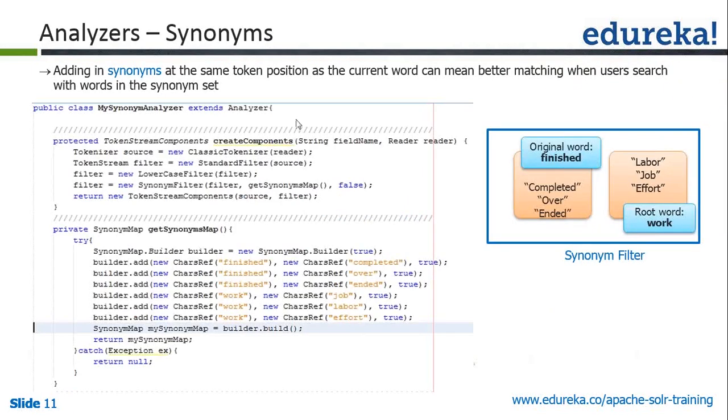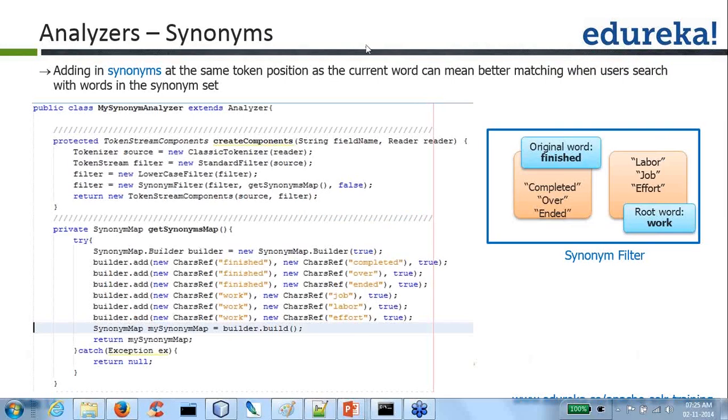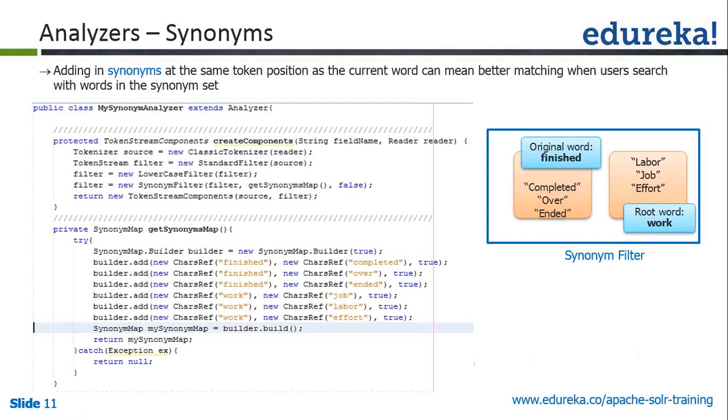There could be another requirement. In some cases, for example, you may want to add synonyms for a list of words. Say someone has to search for a word, such as completed, over, ended, or finished, alternatively.